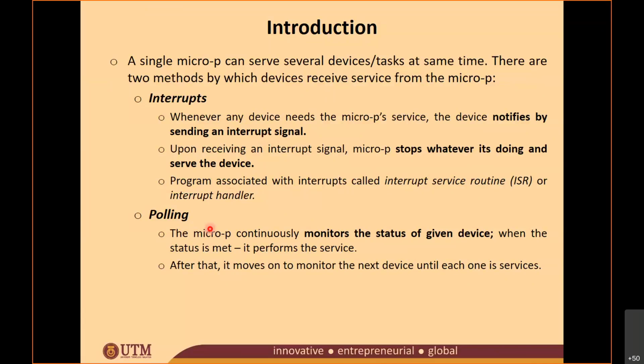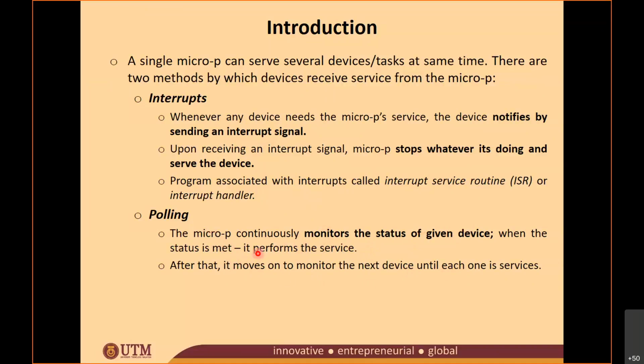While for the polling, the microprocessor continuously monitors the status of a given device. When the status is met, it performs the service. After that, it moves on to monitor the next device until each one is serviced.